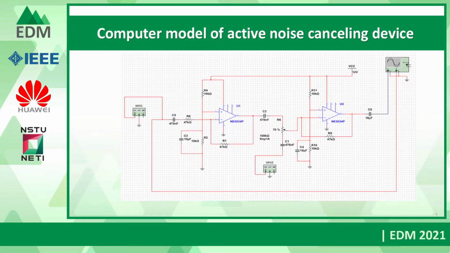The principle of active noise cancellation is based on the creation of an antiphase signal. The function generates simulated microphones. One of the microphones simulates the operator's voice. The second only simulates the ambient noise.